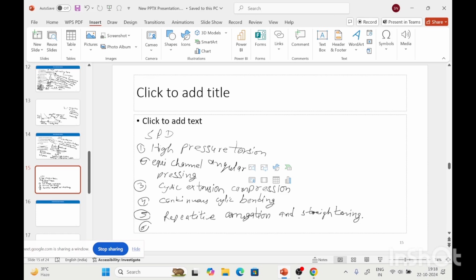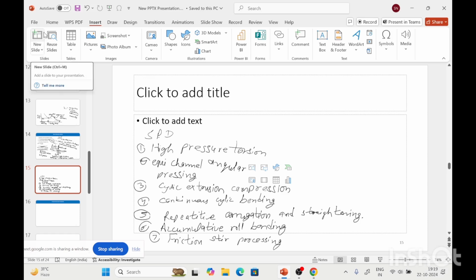Some more are accumulative roll bonding, and seventh is friction stir processing. So the severe plastic deformation can be generated in the aluminum alloys by these processes.